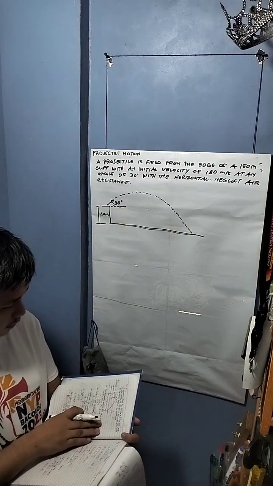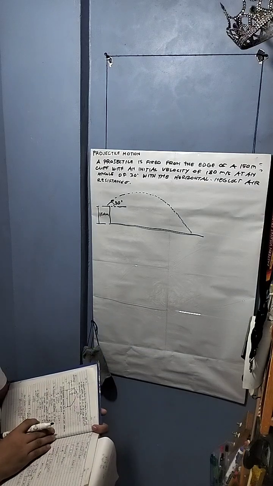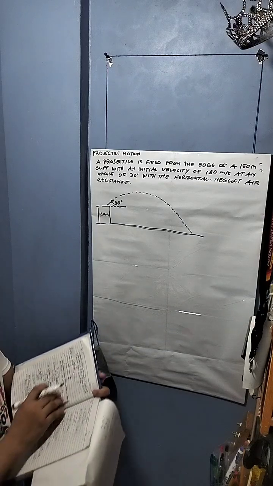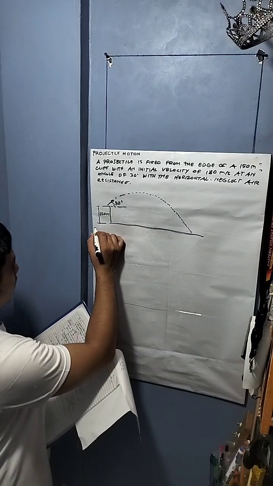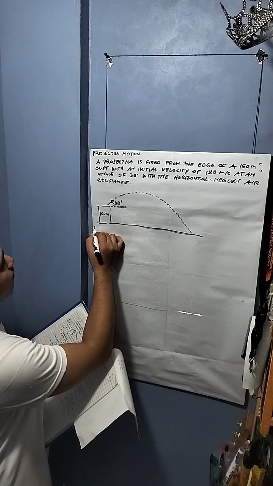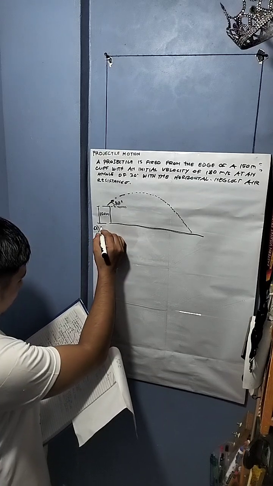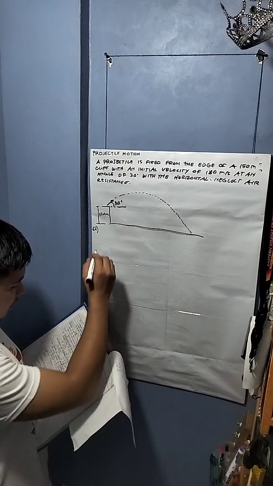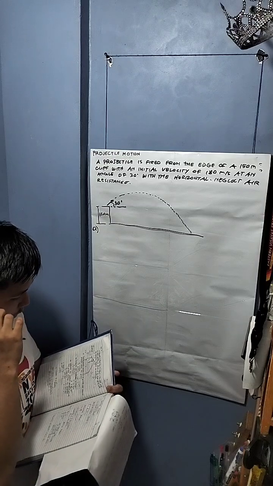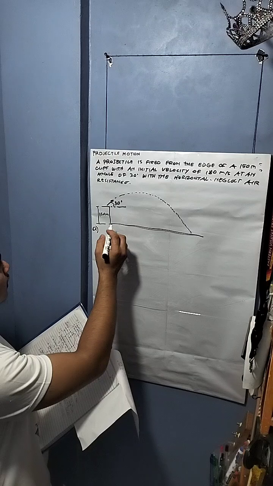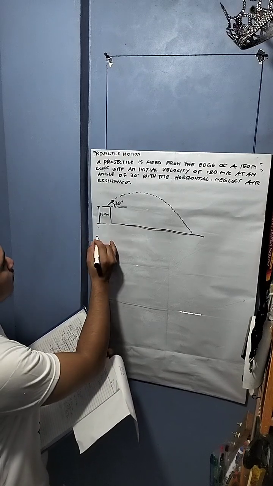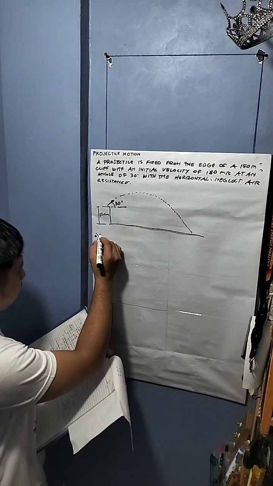So first question, let's say A: find the horizontal distance from the gun to the point where the projectile strikes the ground. Let me write the question.